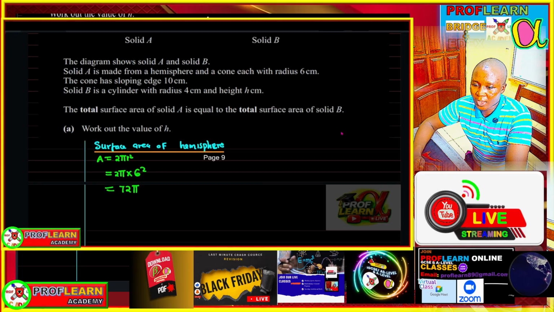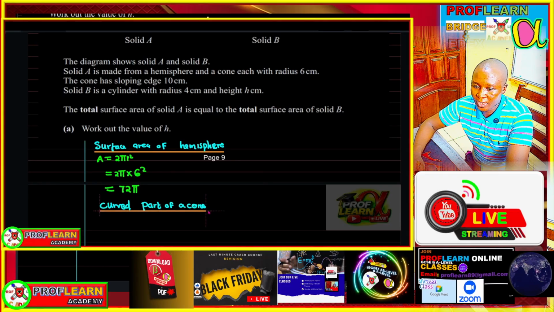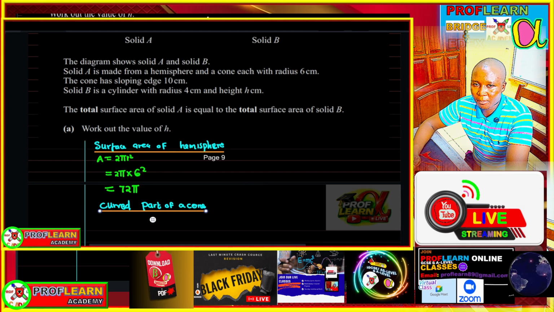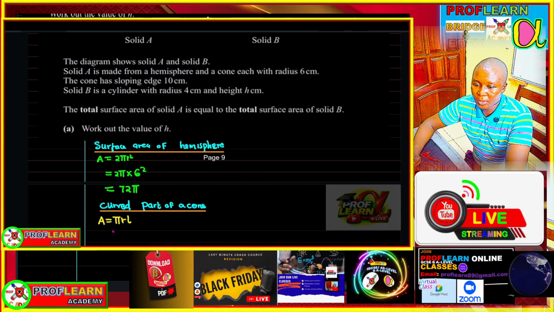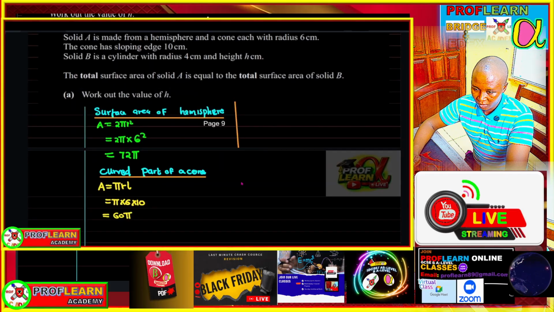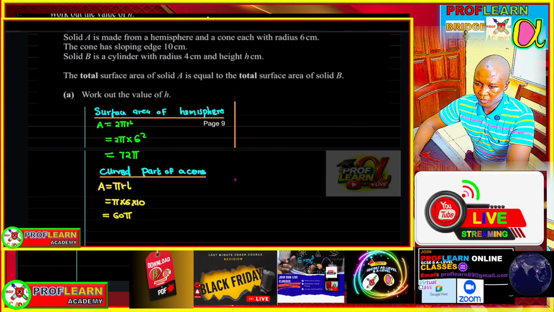Then we're going to work out the curved surface area of the cone, which is given by the formula pi r l. R is the radius and l is the slant edge. So you can say pi times 6 times 10, and that's going to be 60 pi.